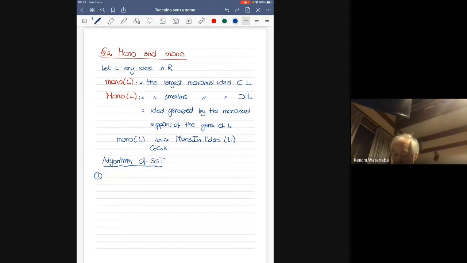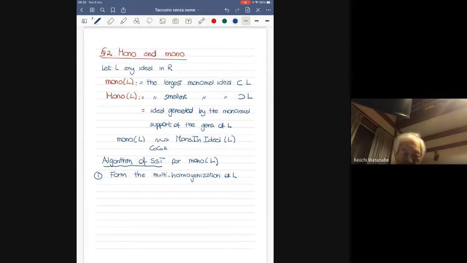Now, this algorithm says, first of all, you have to form the multi-homogenization of mono L, here, not mono I, mono L.